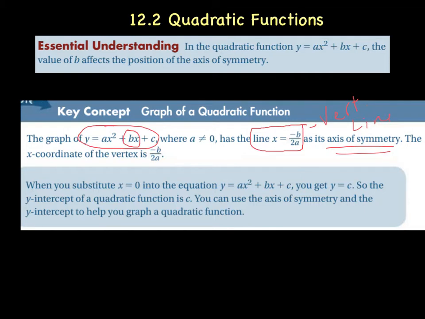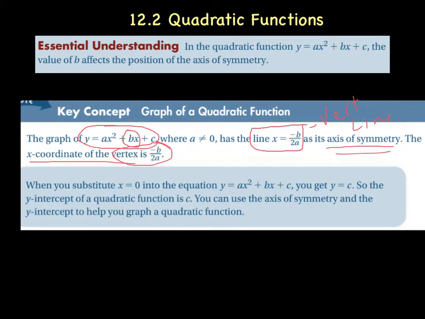Remember, that axis of symmetry is the vertical line that cuts right down through the center of the graph. So the x-coordinate of our vertex, now instead of being at 0 and some value like we had before, is going to be at that negative b over 2a value.